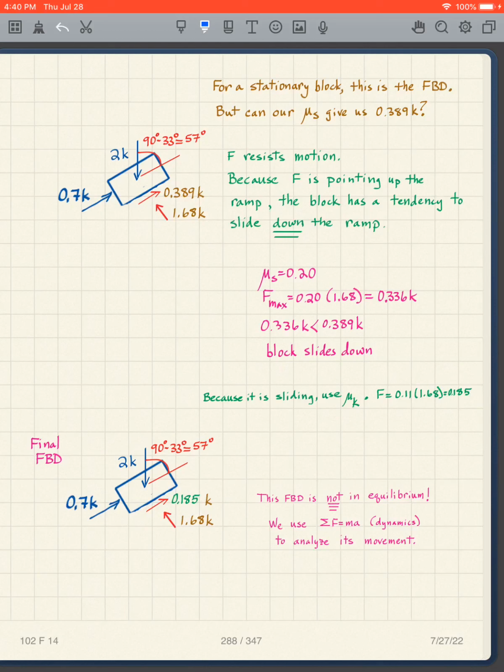And again, what do I see? This free body diagram is not in equilibrium, and we use our F equals ma, sum of the forces equals ma, dynamics to analyze it. So, like I say, we're starting to create some free body diagrams that are not in equilibrium. And this is sort of leading you to your next class.